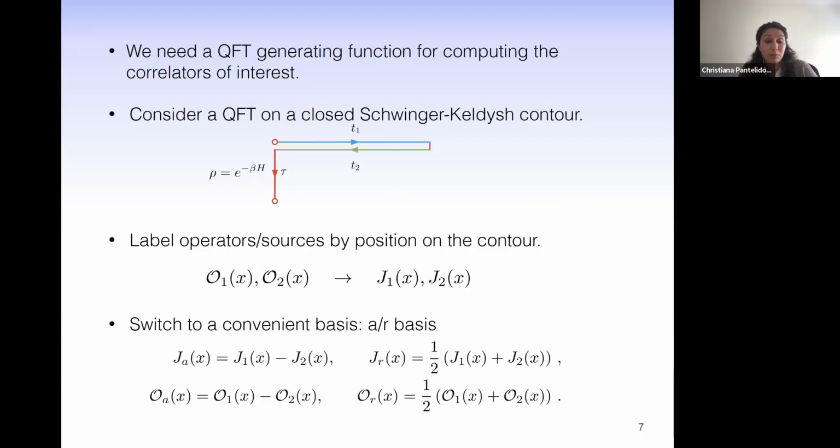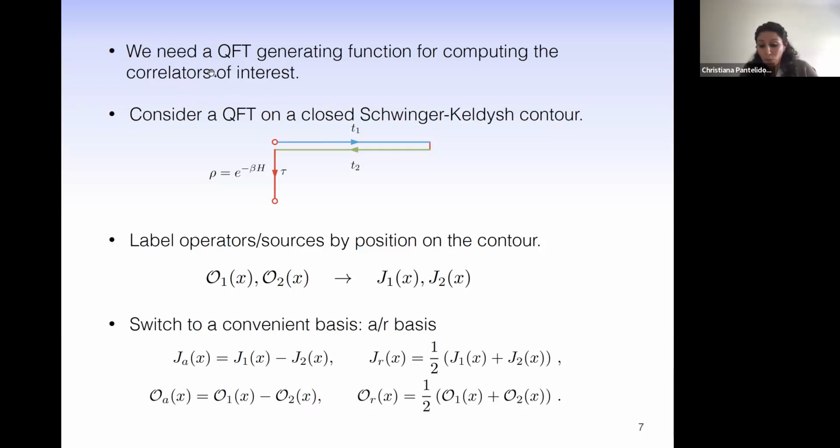And more generically speaking, we want to compute nonlinear correlation functions. And the most natural way to do that is by constructing a generating function, or better, a generating functional for the quantum field theory that we're interested in. So we are at finite temperature, remember that. In such a way that when we take derivatives of this generating functional with respect to the sources of the quantum field theory, we will recover the correlation functions of interest.